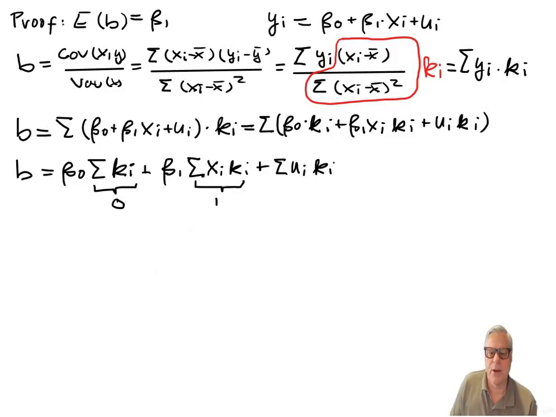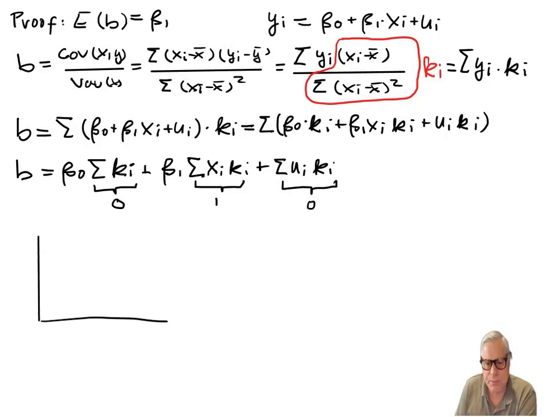Okay, so now the last one is the sum of ui times ki. So here this also evaluates to 0. And the reason is that it evaluates to 0 because we assume that we always have the same x values, so we assume we always have more or less the same sample. So we have here the x and here the y.